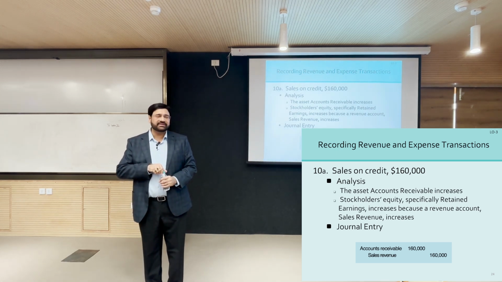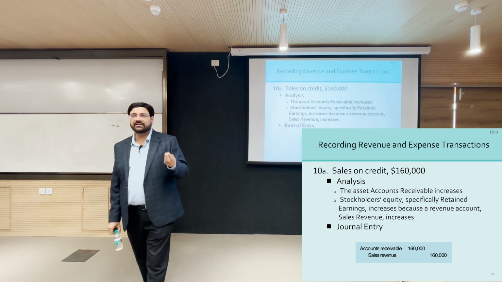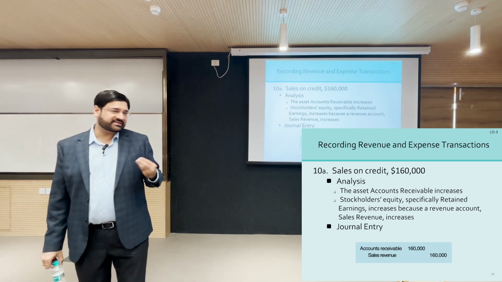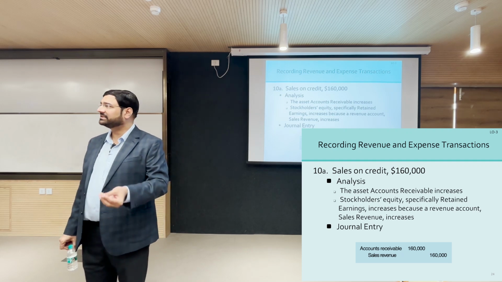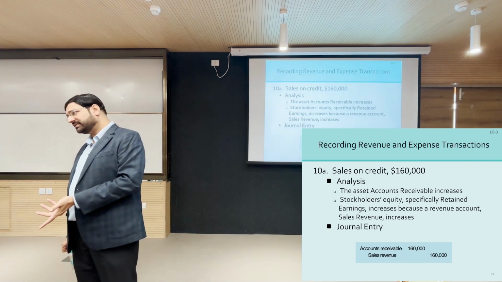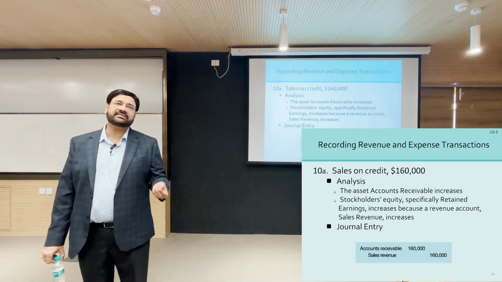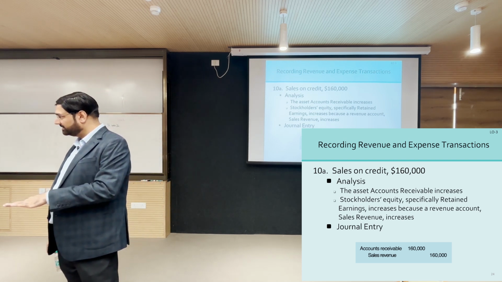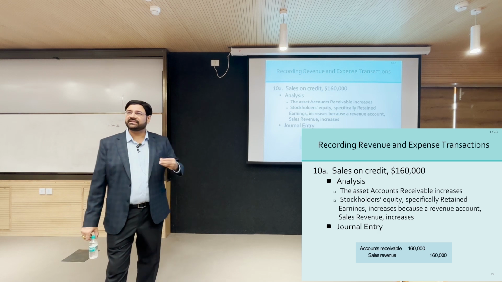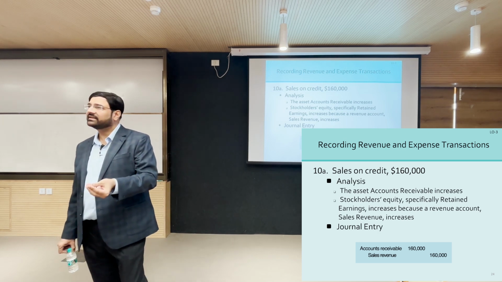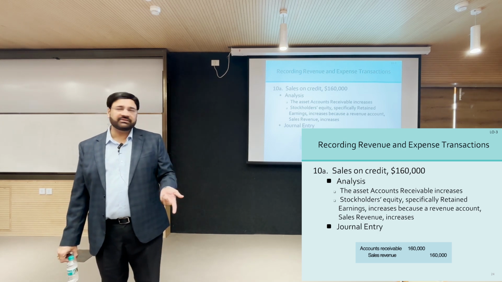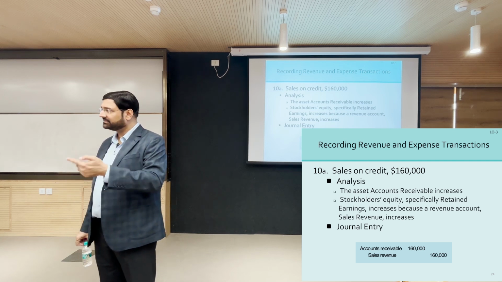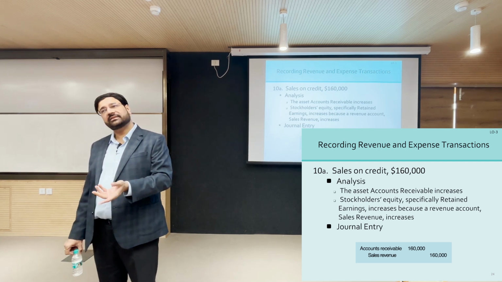So, when we sell, we will either sell in cash or on credit. When we sell, either we will receive cash now or in future. When we receive cash now, it is called cash sale. When we receive cash in future, it is called credit sale, right. When we receive cash now, then cash asset is debited. When we receive cash in future, for the time being we have not received, that person is our debtor, and account receivable is debited.